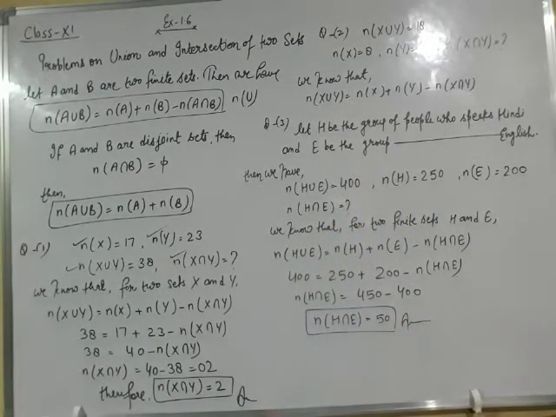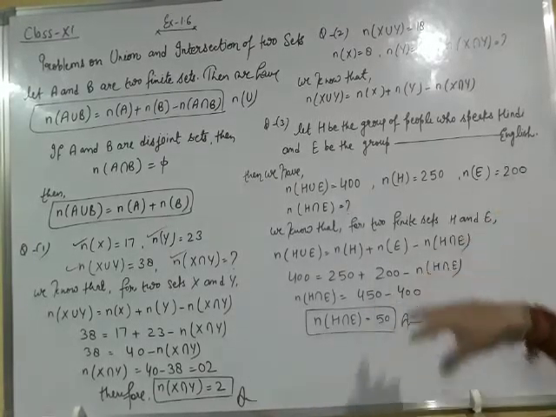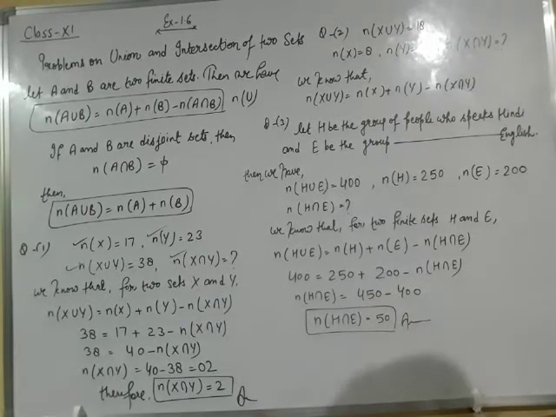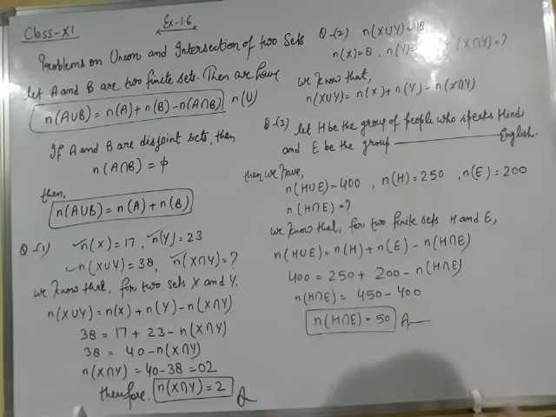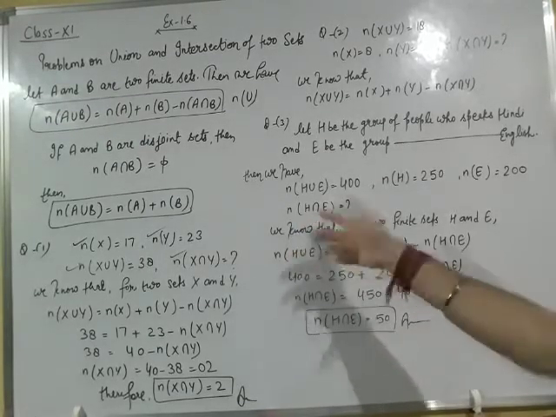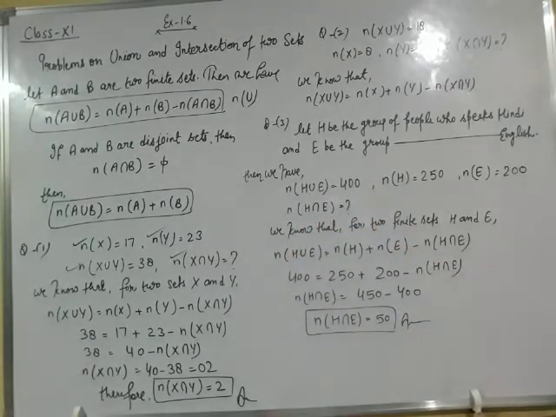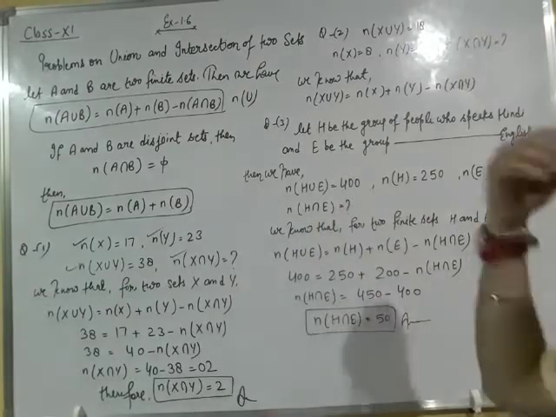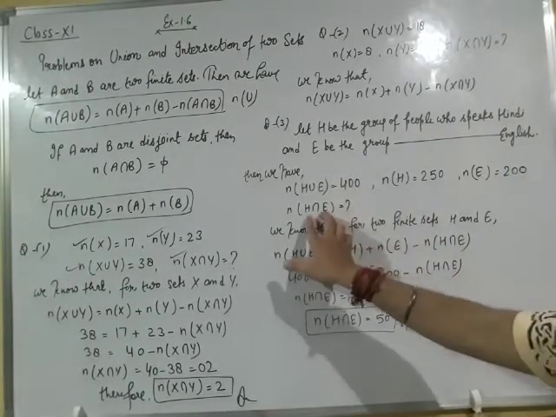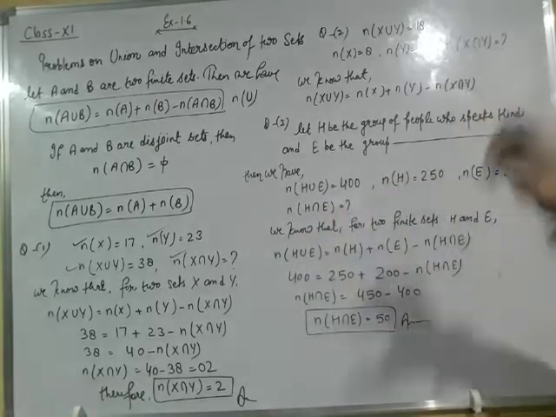So we have to find out the number of persons who can speak both languages, means the people who are common. Common means who can speak both languages, who are bilingual. So therefore we have to calculate the value of n(H intersection E), because intersection means the common part, and here we are discussing the common people who can speak both the languages.